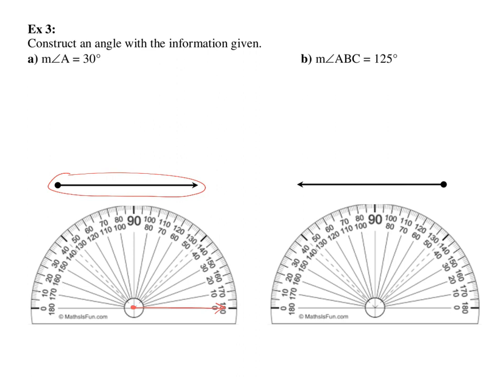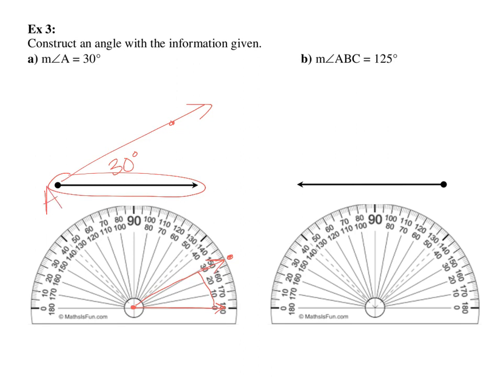So 0, 10, 20, 30. So that's going to be my angle. You would draw a little dot outside here and use your protractor or ruler to draw the line. That's your 30-degree angle, and it's A.